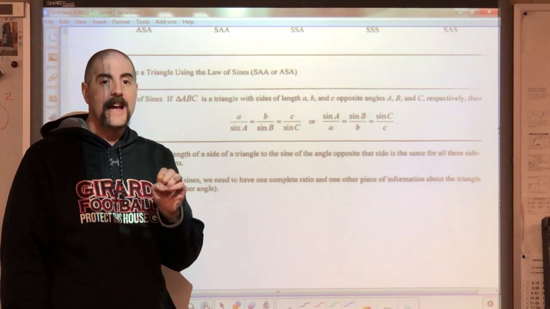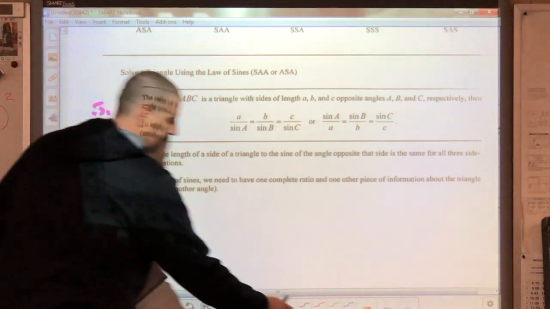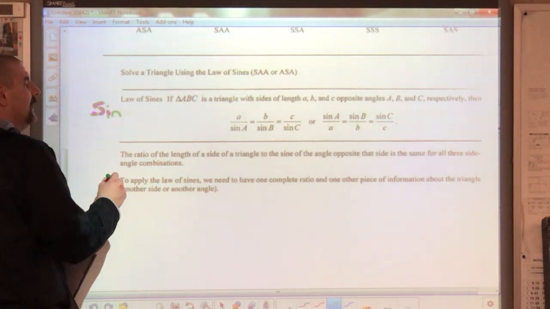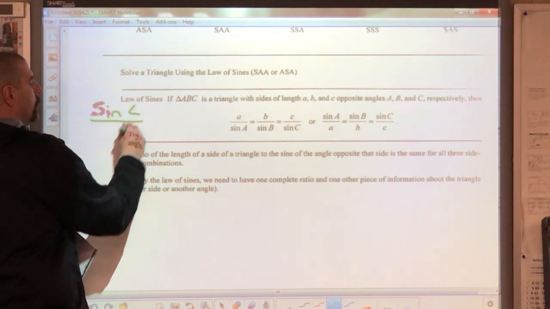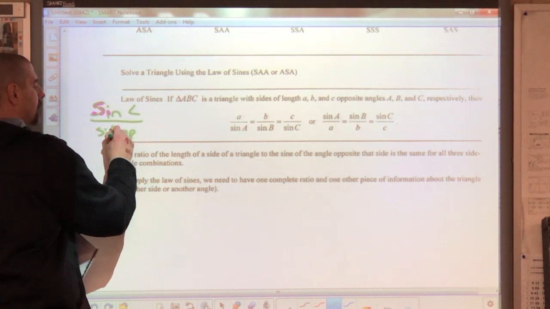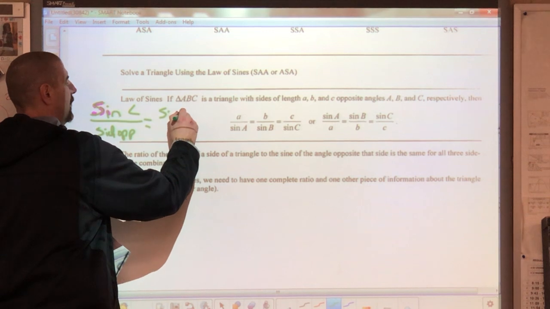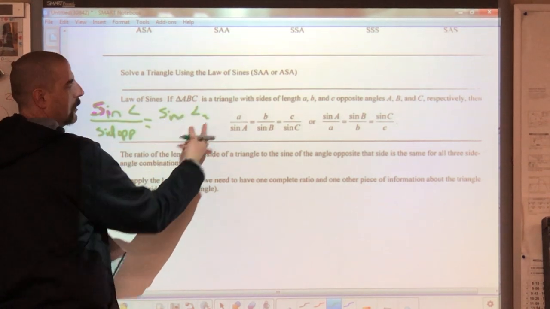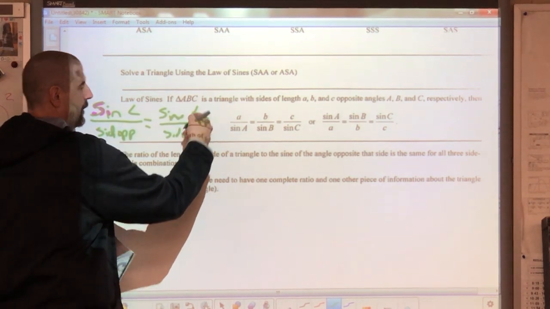The way I look at it is sine of an angle over the side opposite that angle equals sine of another angle, we'll call it angle 2, over the side opposite that angle 2.